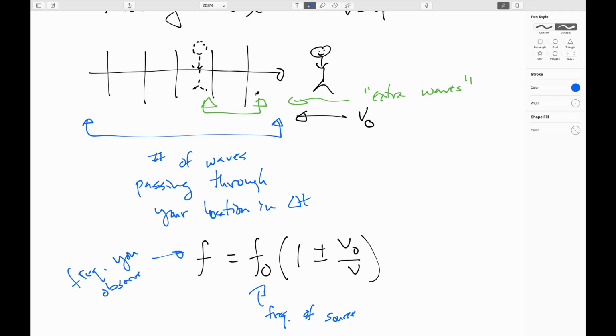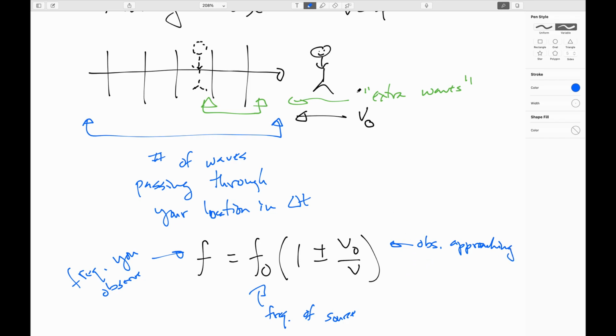So if you were approaching, you picked up some extra wavefronts. So you heard more waves in some time delta t, say 1 second, than were actually produced. So the frequency you would hear would be higher, and you would pick the plus sign if the observer was approaching the source.